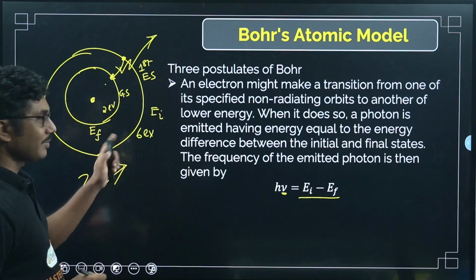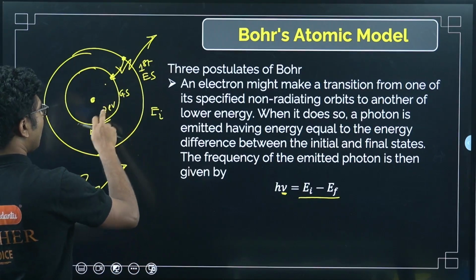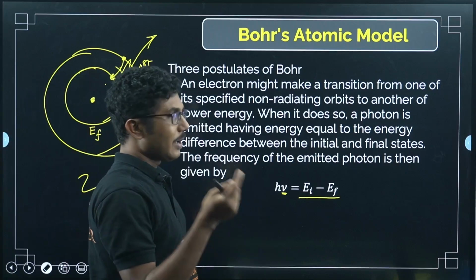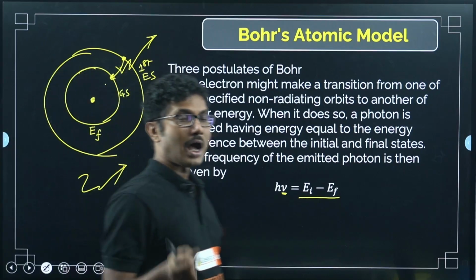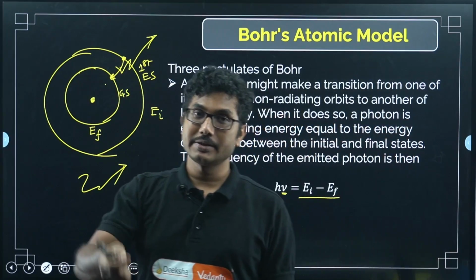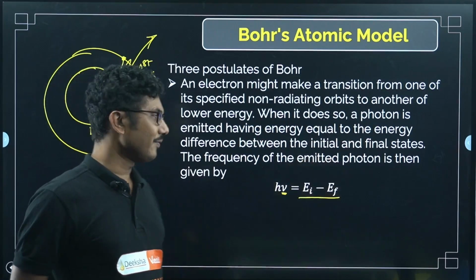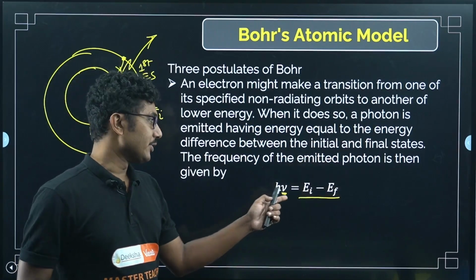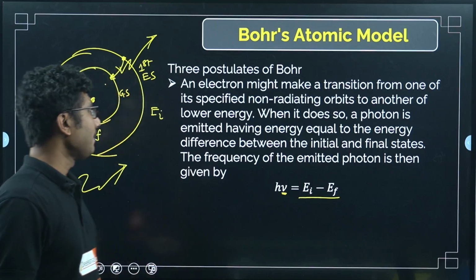So 6 minus 2. We will see that as well. But it is Ei minus Ef, not Ef minus Ei, because the electron jumps from higher energy to lower energy. You have to remember that. So Ei minus Ef equals h nu, where nu is the frequency of the photon. You can determine the frequency, right?